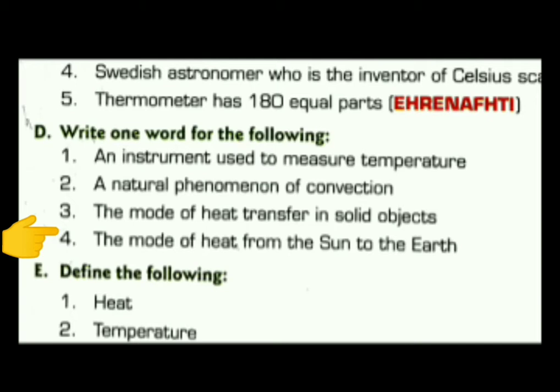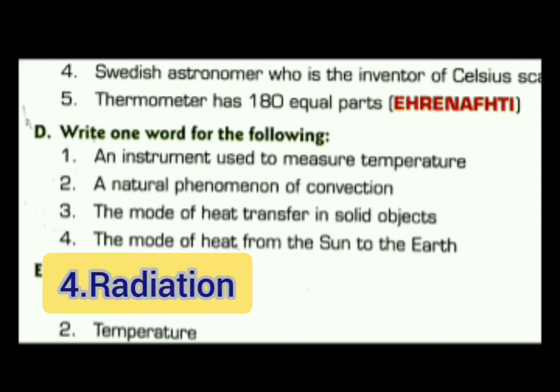Now D4, the mode of heat transfer from the sun to the earth. The best suitable one word answer for this question is radiation.